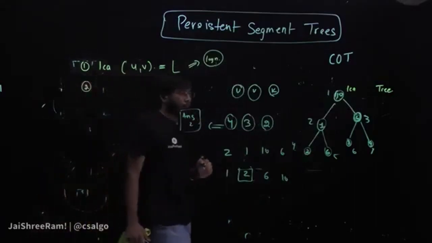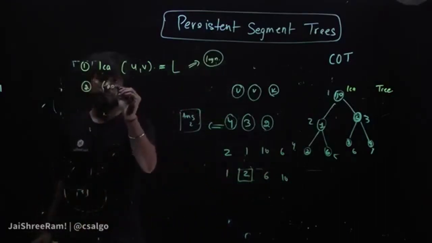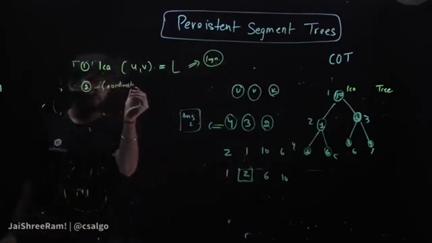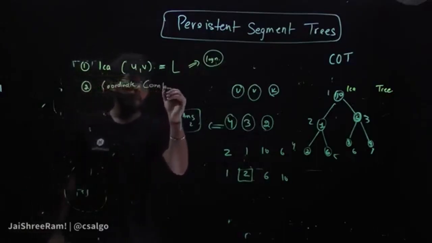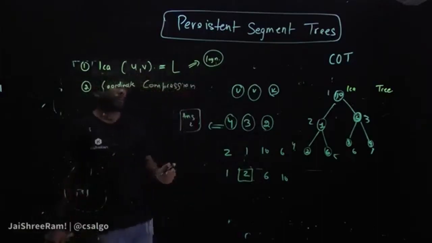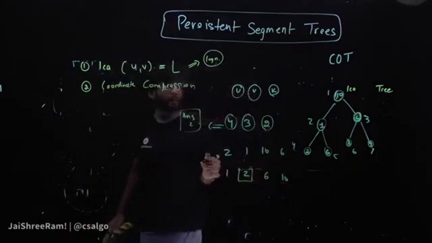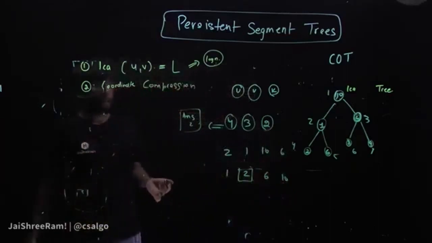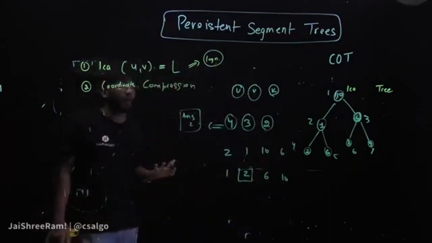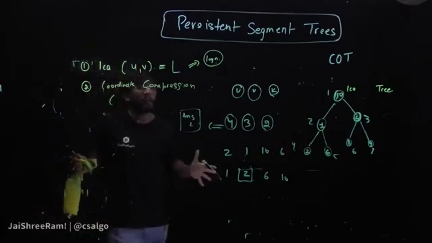Yeah. So the second step would be coordinate compression. Even if you are not getting things right now, you can just go through the video and you'll get it eventually. So coordinate compression, as you may or may not know, is something like reducing the values to a specific range.